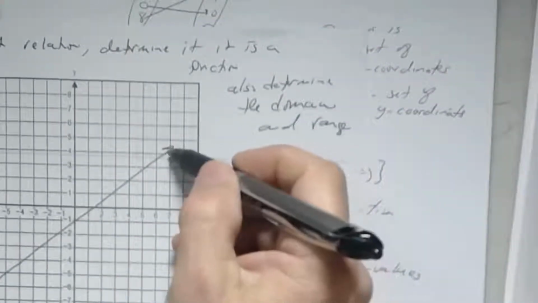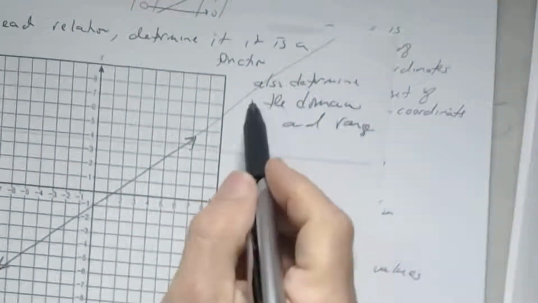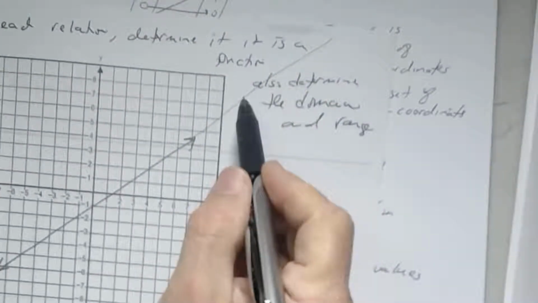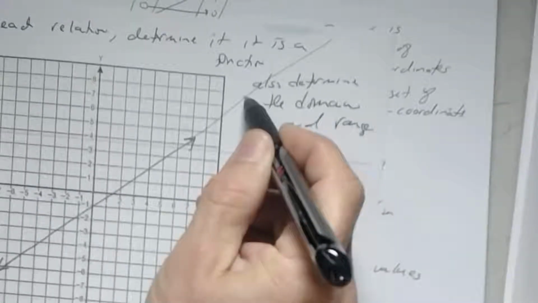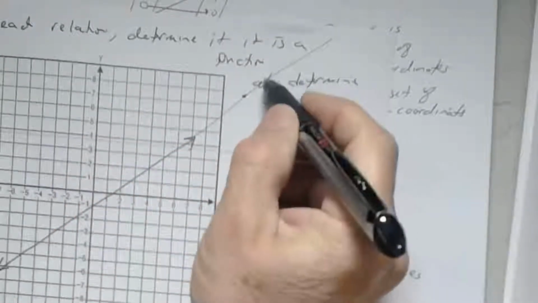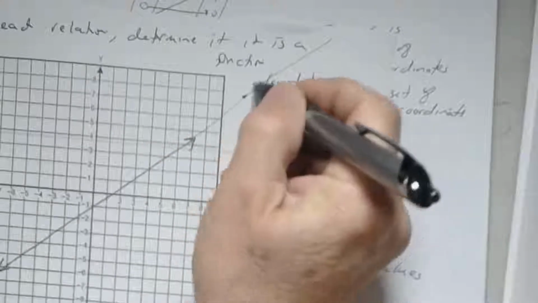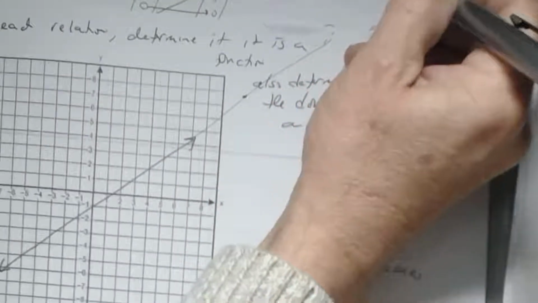So in your mind, imagine it going all the way to infinity down this way. And the same thing here. Now, look at this point right here. What's that y value? 8. When I look at this point right here, what's that y value? 9, and so on. So tell me something about these y values.